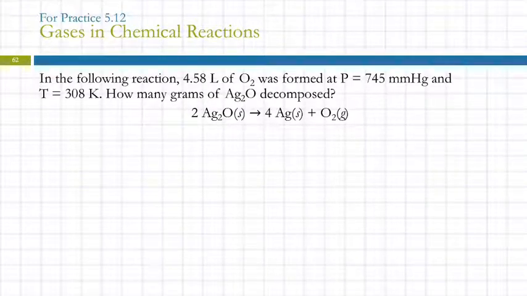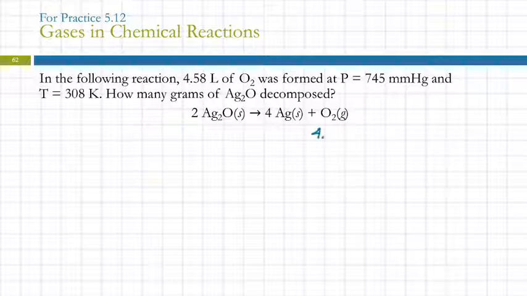Let's do an example. In the following reaction, 4.58 liters of oxygen was formed at P equals 745 millimeters of mercury and T equals 308 Kelvin. How many grams of Ag2O, silver oxide, decomposed? We have a chemical reaction occurring. Let's use the equation to organize the information.